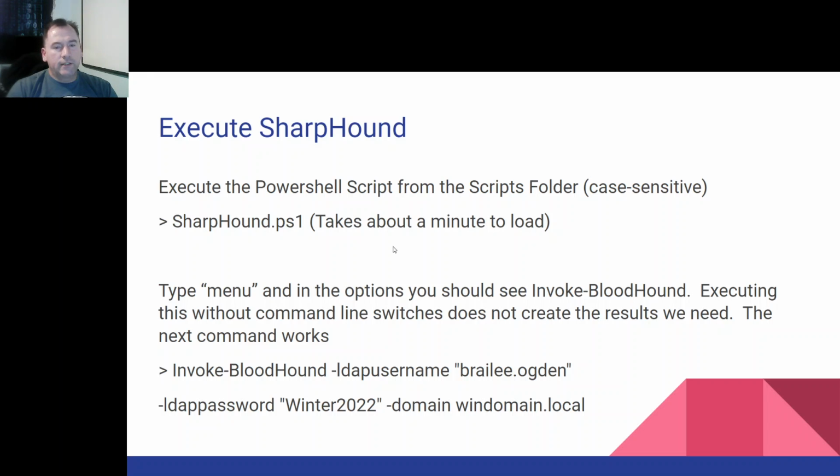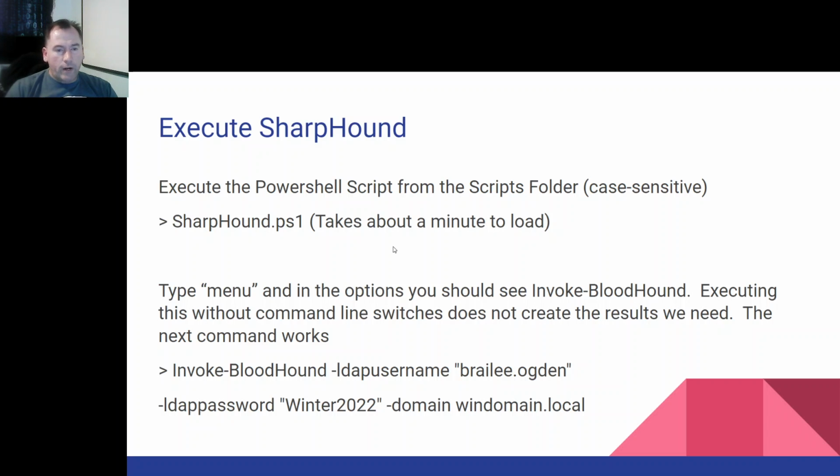After it completes, you can type menu and hit enter, and in the menu you should see Invoke-BloodHound as a function or module that can now be executed. Executing Invoke-BloodHound without any command line switches will appear to work, but it doesn't save the results file that we want, which is a .zip file, and it doesn't create the .bin file.